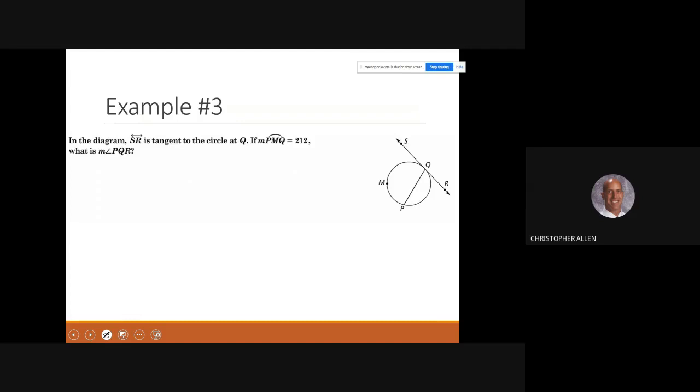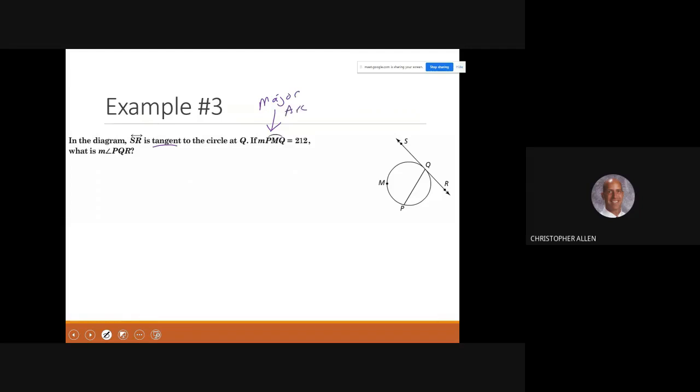All right. So in the diagram, it says that the line SR is tangent to the circle Q. So there's circle Q. They're telling us that that SR line is a tangent, so that's important. They tell us that the measure of this is a major arc. This is all review stuff. We talked about this in section 12.1.